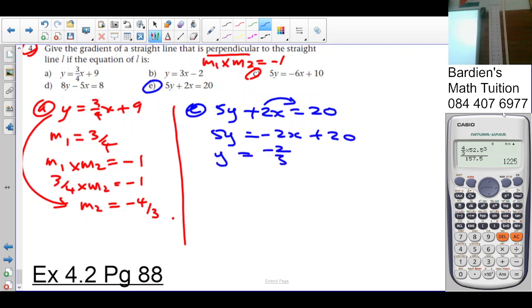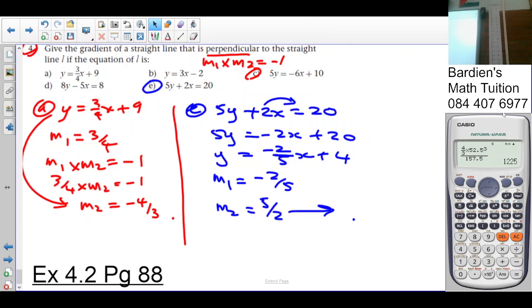So it's negative 2 over 5x plus 4. So what's the gradient of the first line? Negative 2 over 5. So what's the gradient of the second line? There we go. Any other confusion? You all understand? Okay. Let's carry on with our lives.